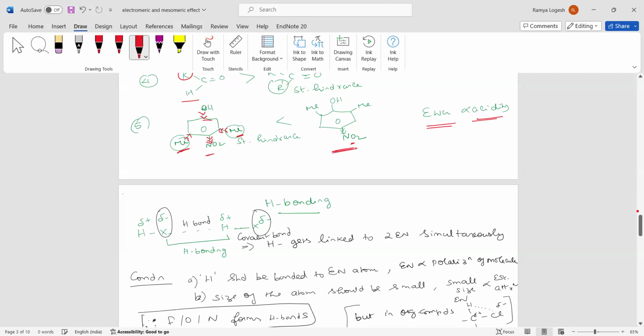So this can easily take up the electronic cloud so that it can release H+. Therefore, its acidity is more than this. What is deciding this? Steric hindrance is deciding it. Two methyl groups which are quite close to nitro are lowering its acidity, while this one increases the acidity. Is that clear?